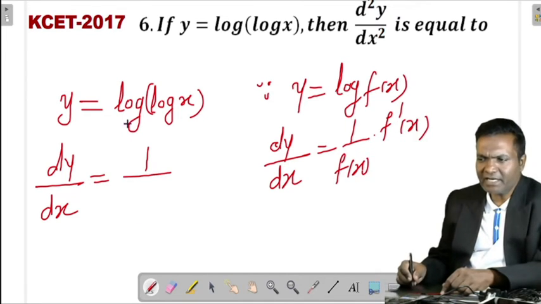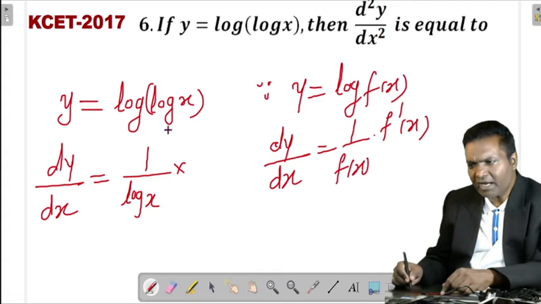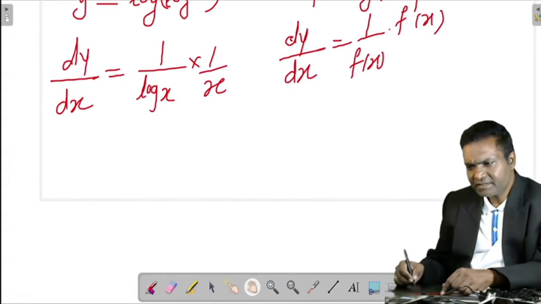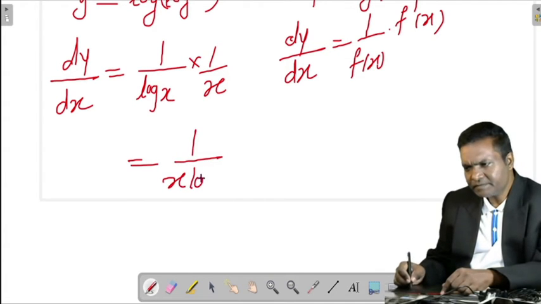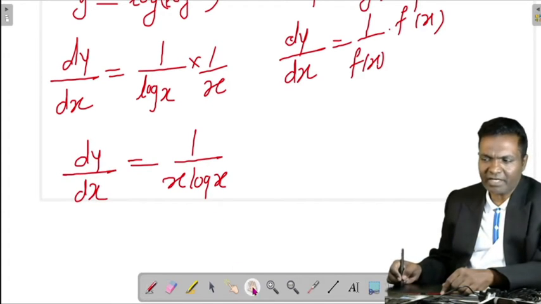So similarly, derivative of this is 1 by log x into derivative of log x, which is 1 by x. So for your understanding, I can write it like this: dy by dx equals 1 by x log x.